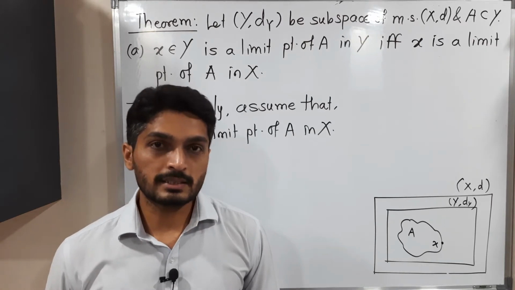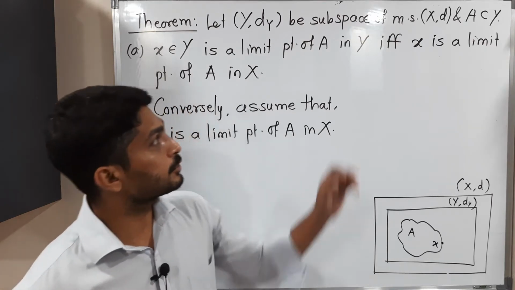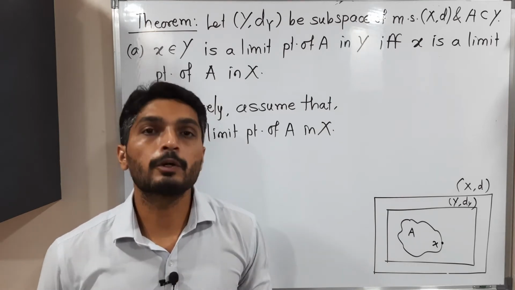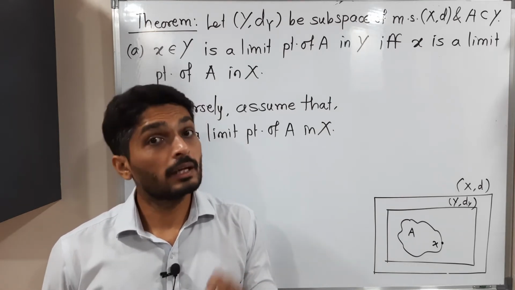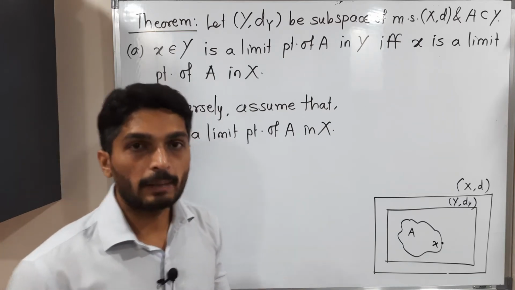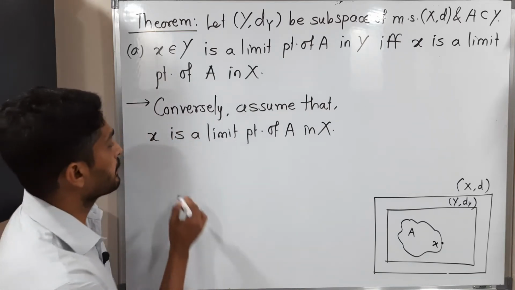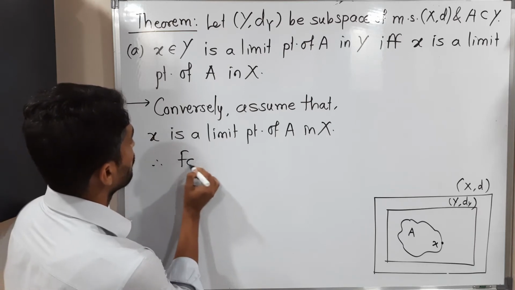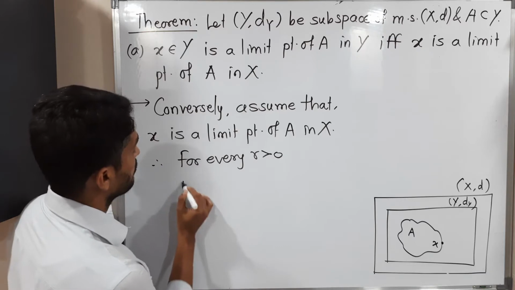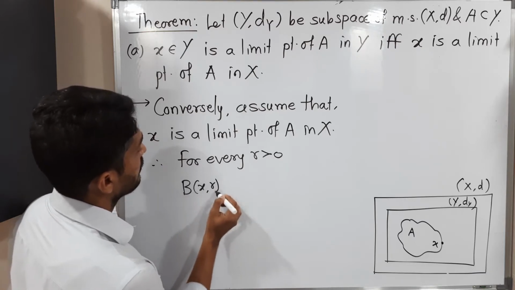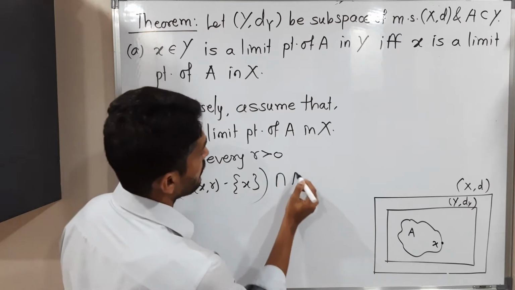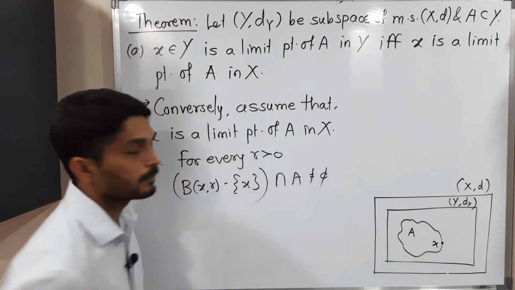So let us discuss its converse part. Now I have assumed x is a limit point of A in X, and we have to prove x is a limit point of A in Y. Let us start with the given information. I am simply using the definition of limit point. Therefore, for every r greater than 0, B(x,r) minus singleton x, intersection A, is not equal to phi.